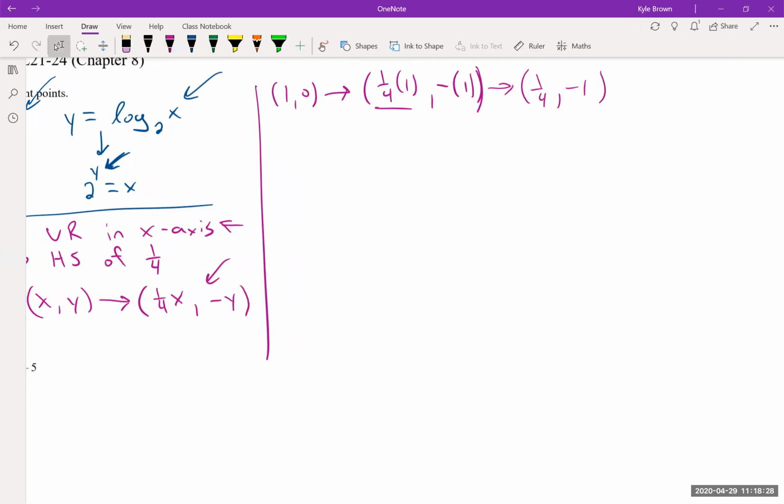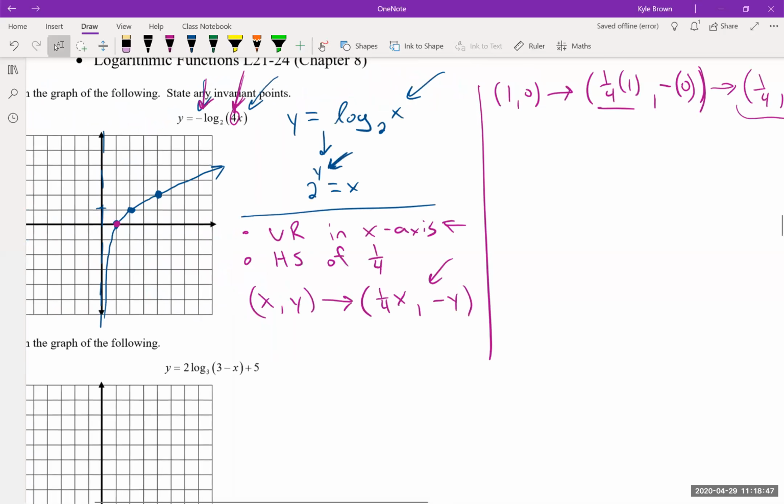Oh, sorry, that shouldn't have been 1. That should have been 0. Yeah, our y value was 0. So then negative 0, still 0. Okay, so that's our first point. So this is a point on our graph, like 1/4, comma 0. So when x is a quarter, y is 0. So this point, that purple dot that I have there, that purple dot is now there, right at a quarter.